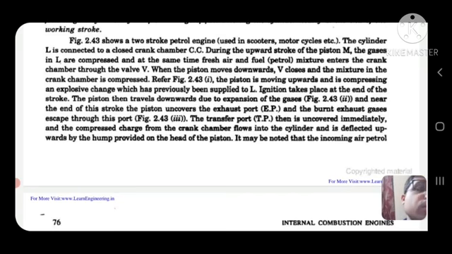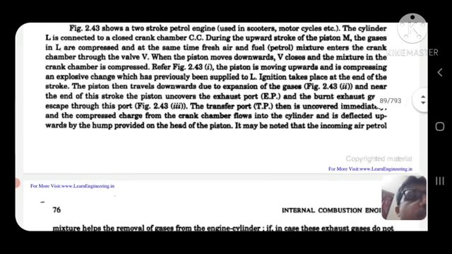During the upward stroke of the piston, the gases in L are compressed, and at the same time fresh air-fuel mixture enters the crank chamber through the valve. When the piston moves downward, V closes and the mixture in the crank chamber is compressed.